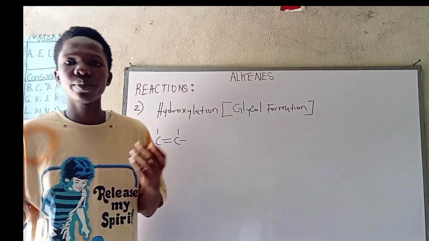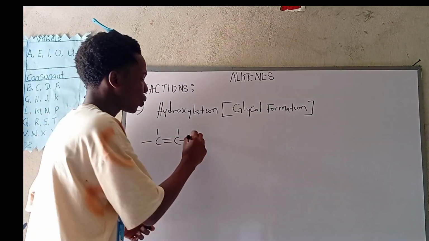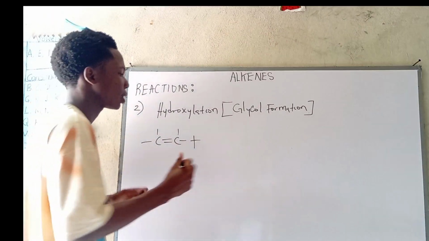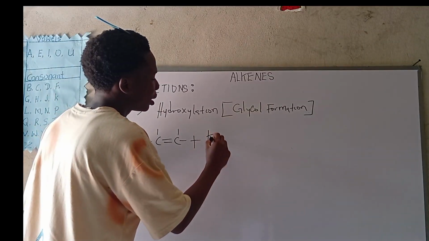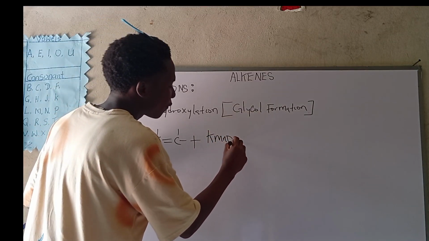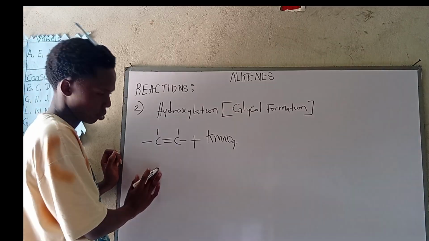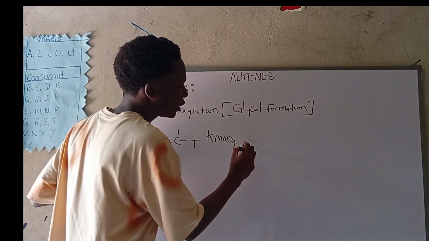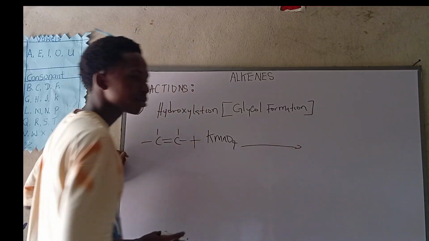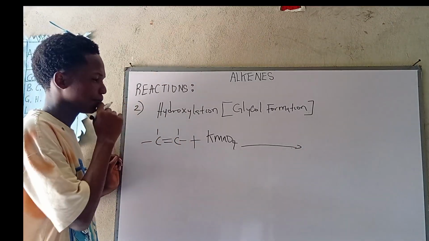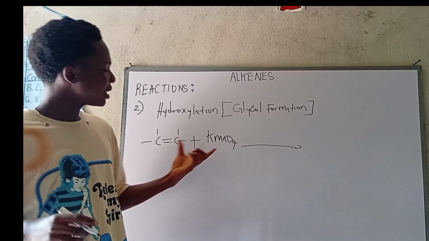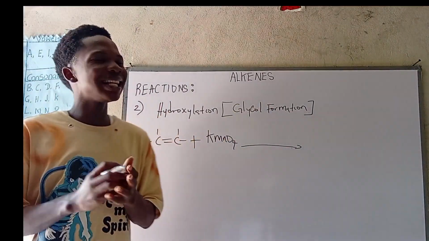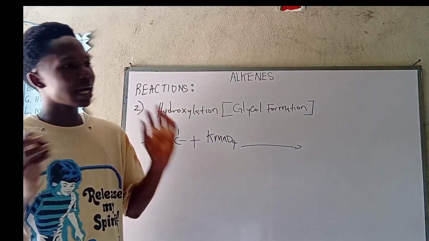Now, what are alkenes going to be reacting with? Permanganate. And what do we mean by permanganate? We mean KMnO4. Reacting this with an alkene, it can't give us glycol except in the presence of performic acid.